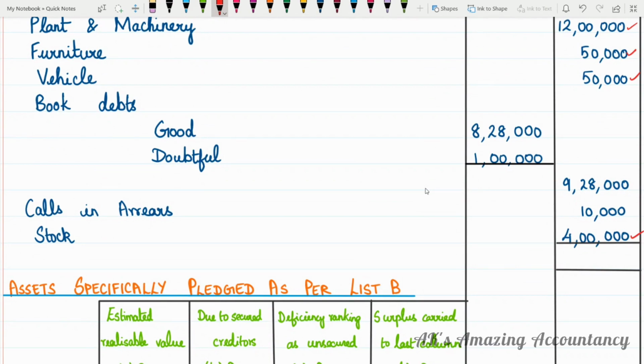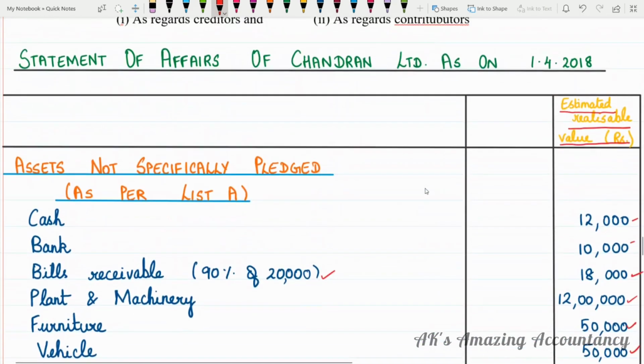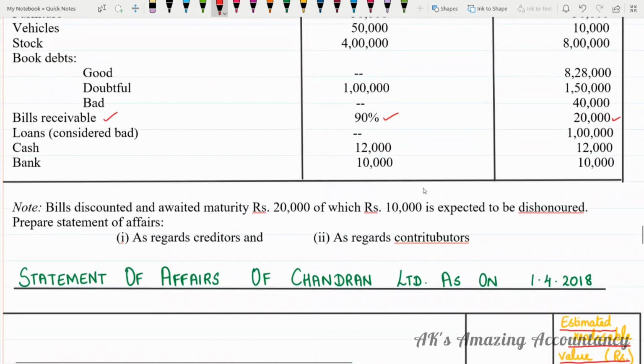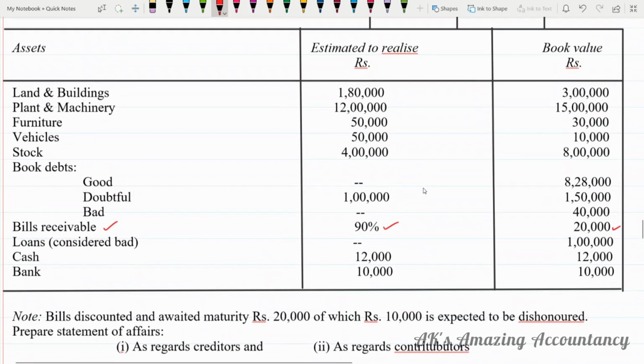Then, as far as book debts are concerned, have a look at the problem again. Under book debts, we have good, doubtful, and bad. Bad will never be recovered, so that amount will not come. Under good, the estimated value is given as 8 lakh 28,000. This will come fully.